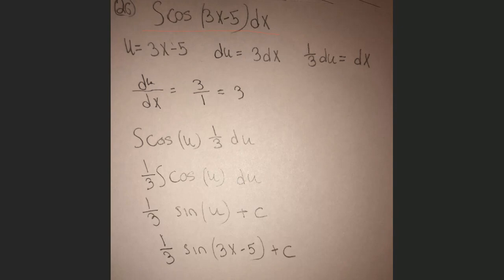Integral of cosine 3x minus 5 dx. This is a definite integral, right? No, I mean indefinite integral. Right, it's the indefinite integral. Yes, indefinite integral, correct.